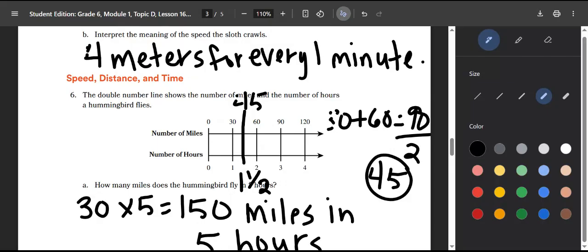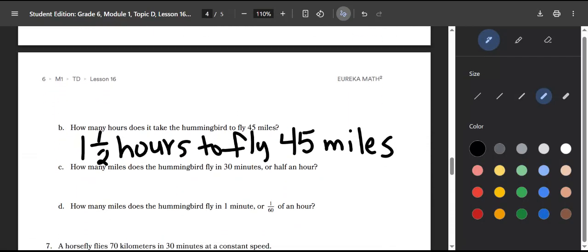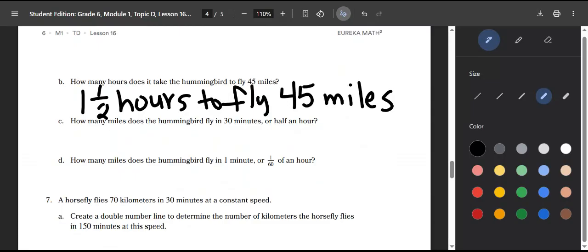Well, half of an hour is right in between 0 and 1, which is going to be your 30-minute mark, right? So half of an hour. And then right in the middle of 0 and 30 is 15. So the hummingbird flies 15 miles in 30 minutes.